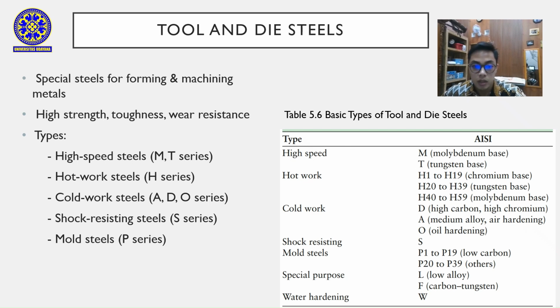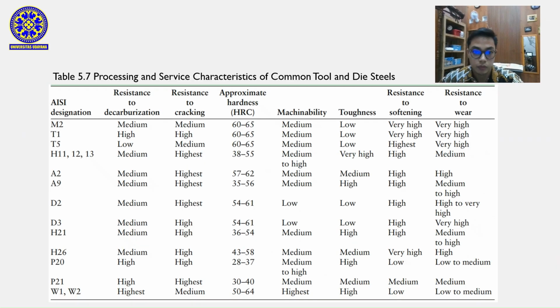This table summarizes the main categories of tool and die steel. It includes water, oil, and air hardening steels, as well as hot work, high-speed, and shock-resistant types. Each type is designed for specific applications like cutting, forming, and shaping metals, where hardness, toughness, and wear resistance are essential.